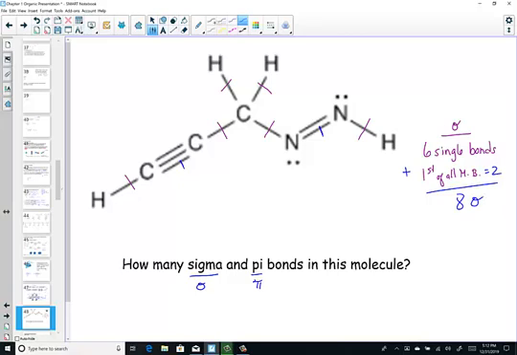Pi bonds are found by taking what's left, the second and third of multiple bonds. So I count 3 pi bonds in that particular structure.